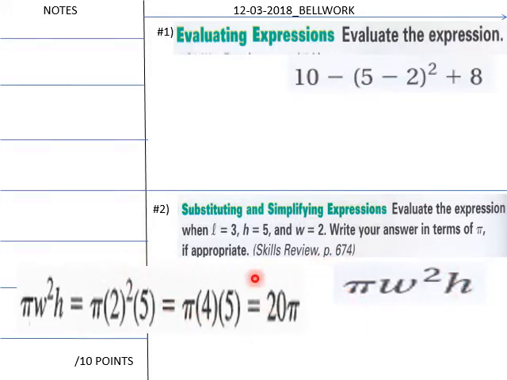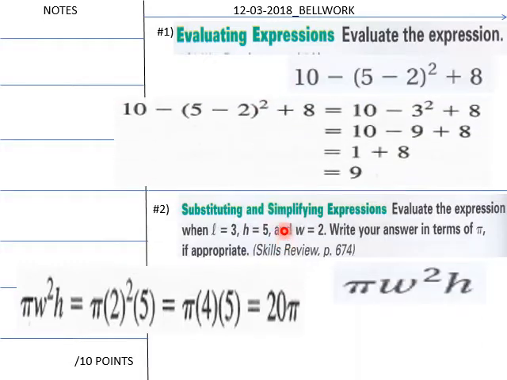The radius is 2, and the height of the cylinder is 5. So when we do our mathematics here, we get 20 pi for the volume of the cylinder.